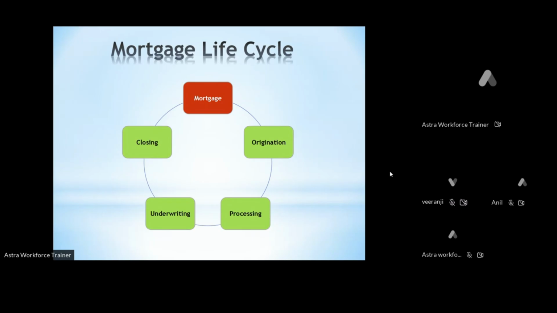This is the mortgage life cycle. Whenever you go for an interview, the basic question the interviewer will ask is, what is a mortgage life cycle? You should be ready to answer that question. Okay, all right, any concern or doubt on this?